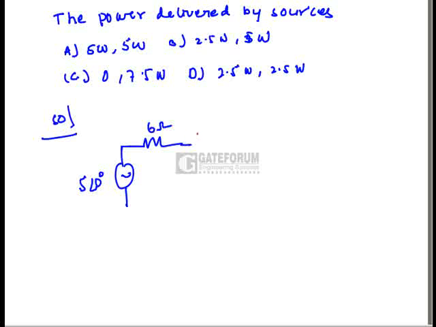Now I am shifting the 16 ohms to this side: 16 divided by 4, where 4 is k square, since k is 2. So 16 divided by 4 is 4 ohms, and the source voltage is divided by 2, that means 10 at an angle minus 60 degrees. So this is the equivalent circuit.